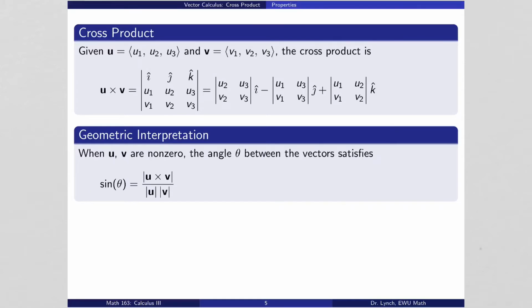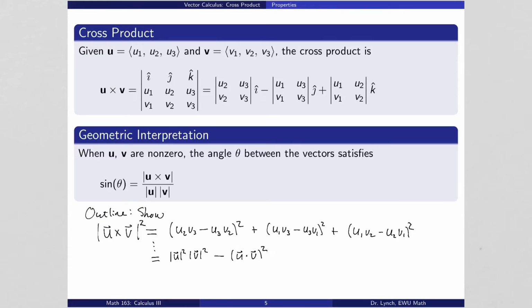Okay, there's a geometric interpretation of the cross product too, and it turns out that the cross product is related to the sine of the angle between the vectors, and the way that one shows this is just by multiplying out all of these components and showing that what you get in the magnitude is exactly what you expect to get.